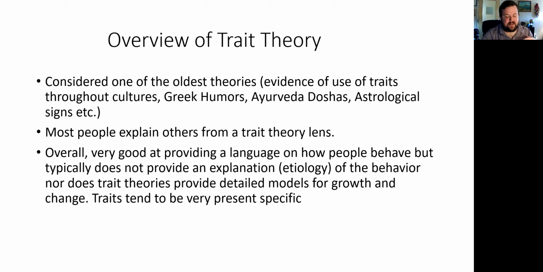Like I mentioned, this is one of the oldest theories regarding personality. It has existed throughout many cultures. There are historical, anecdotal references and oral traditions of describing elements of a person in some sort of classification to help understand and predict their behavior.